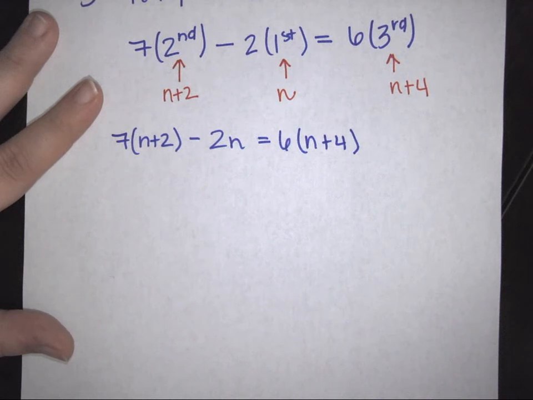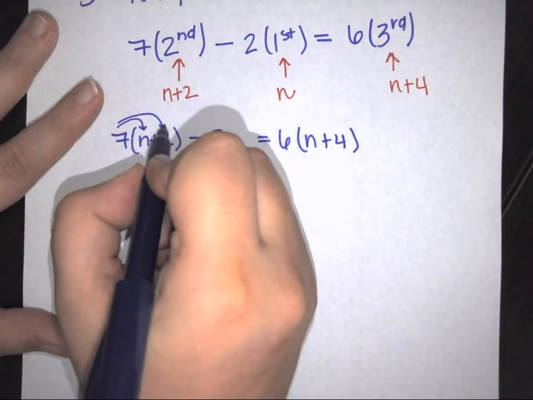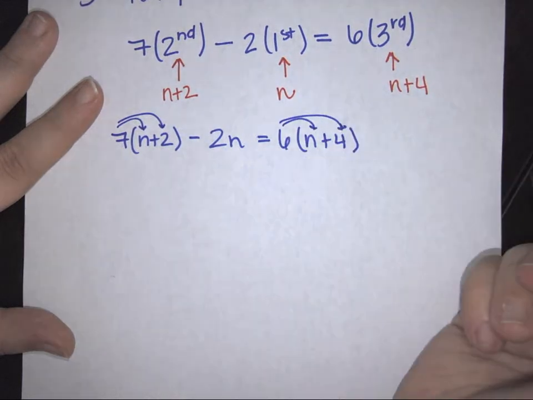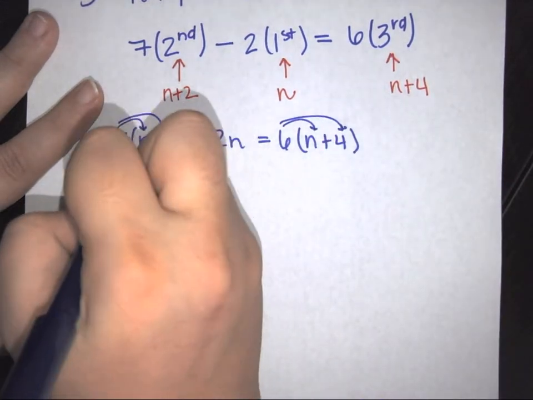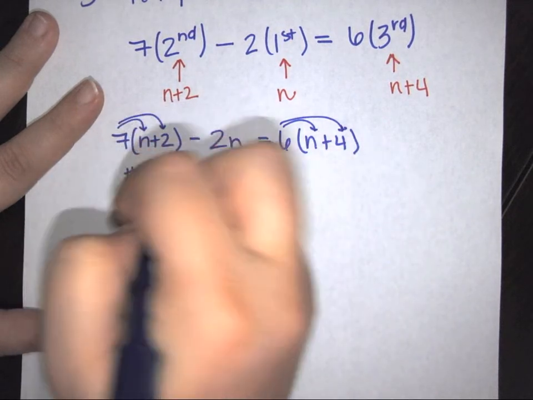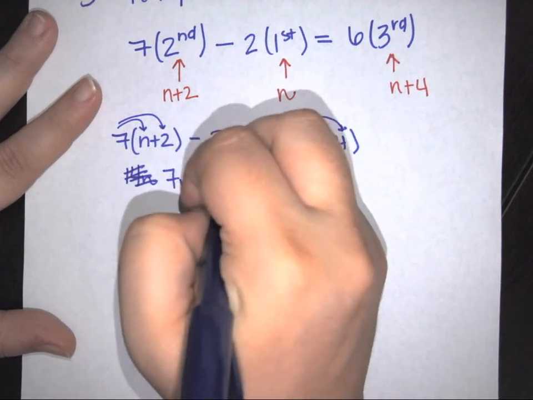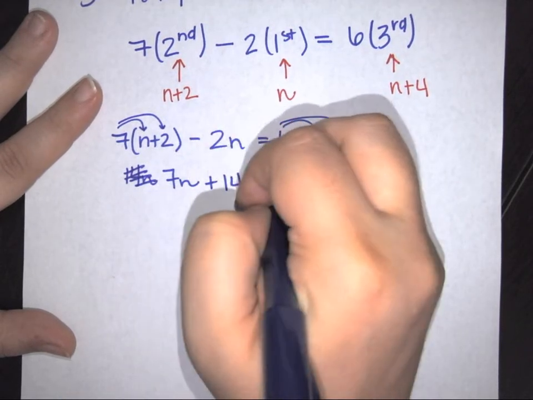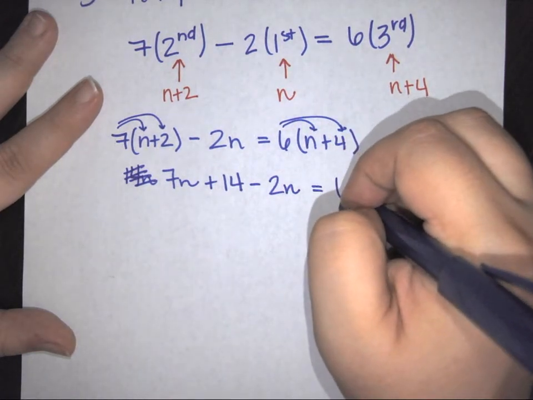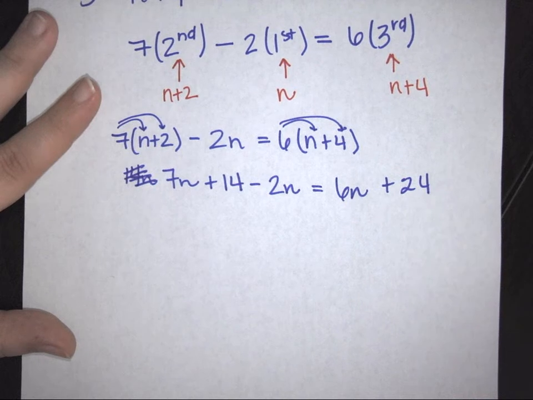Solve for n. So I'm going to take the 7 and distribute. And then I need to take the 6 and distribute. 7 times n gives you a 7n. 7 times 2 gives you 14, minus my 2n. 6 times n is 6n. 6 times 4 is 24.